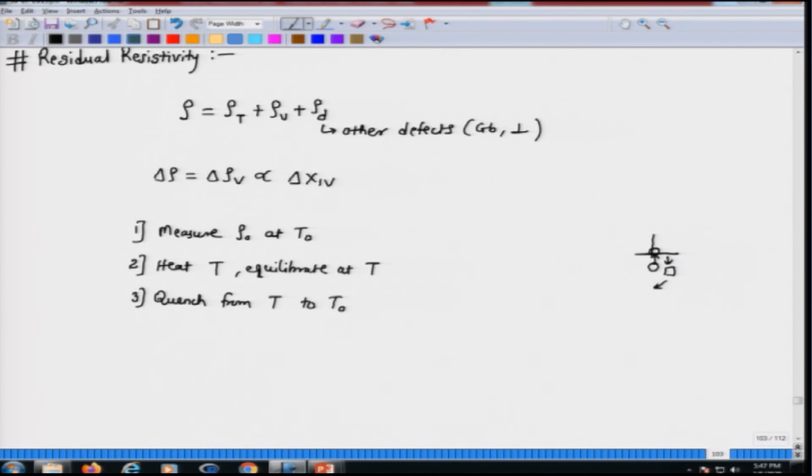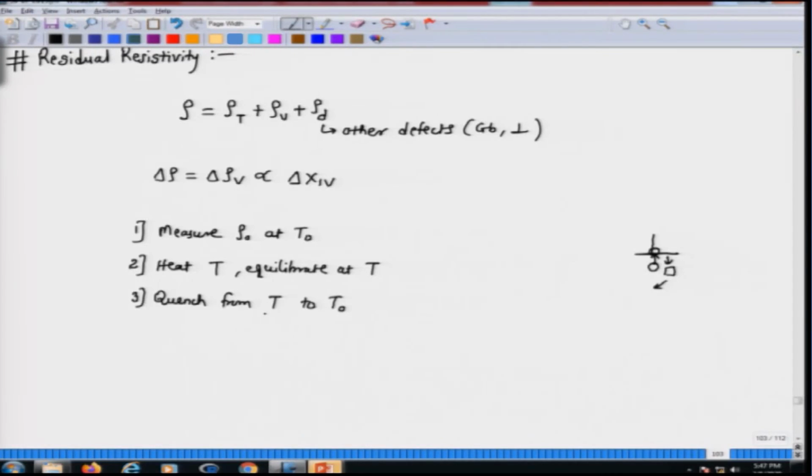Similarly, when the temperature is reduced, the vacancies which are in excess of the equilibrium concentration at that temperature have to be gotten rid of, and that occurs by diffusion of these vacancies towards the defects. Now, the same defects will act as sinks.